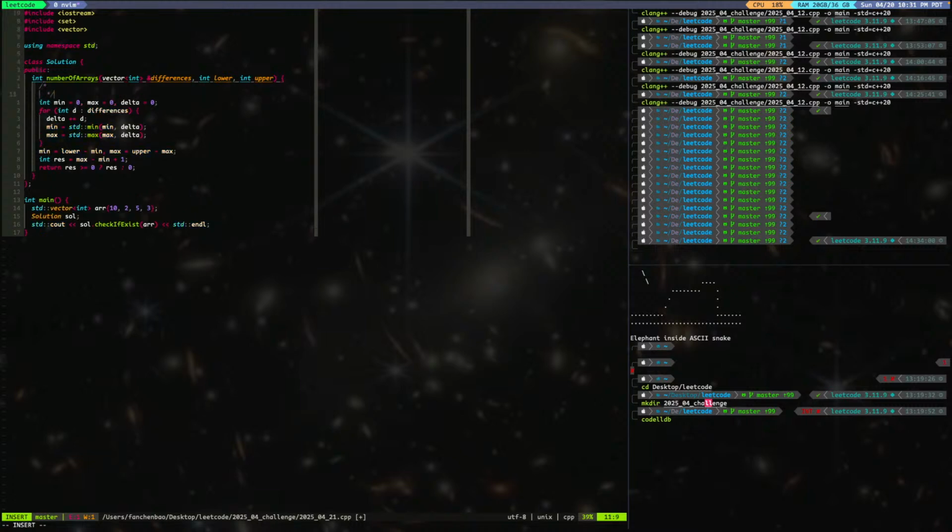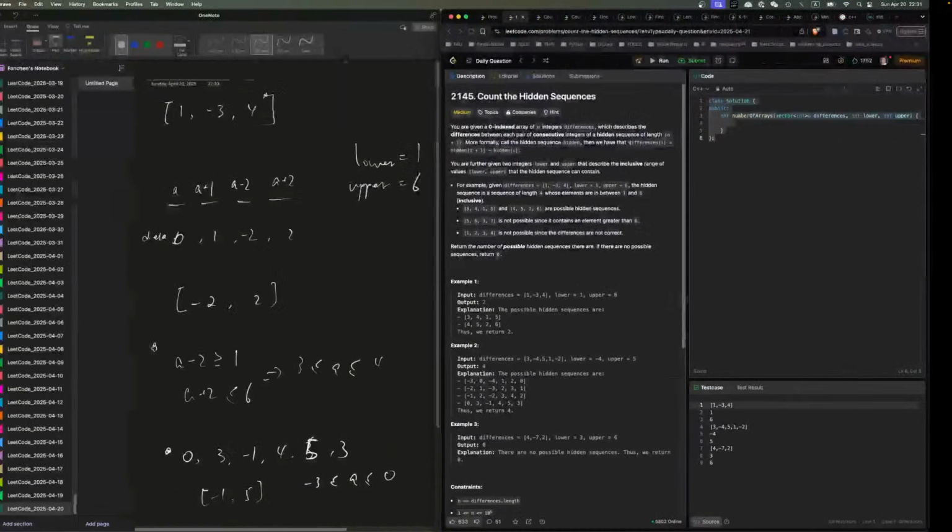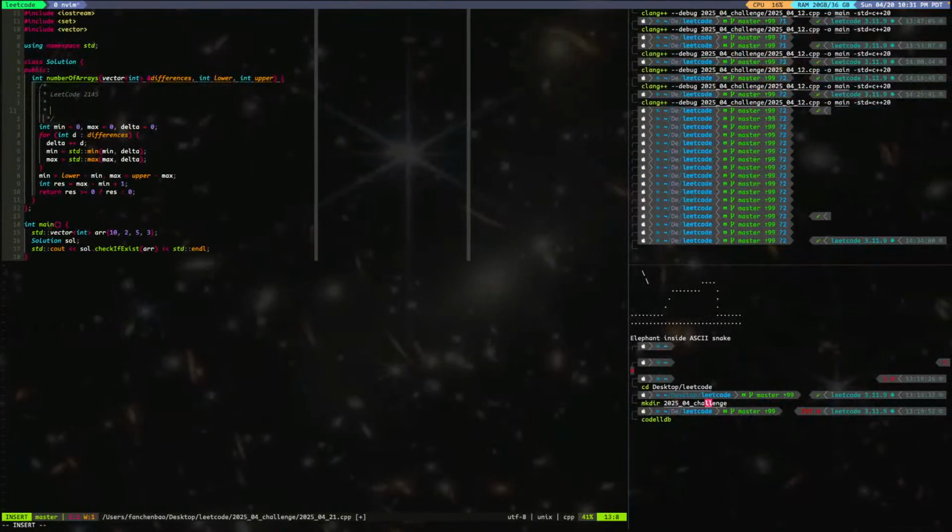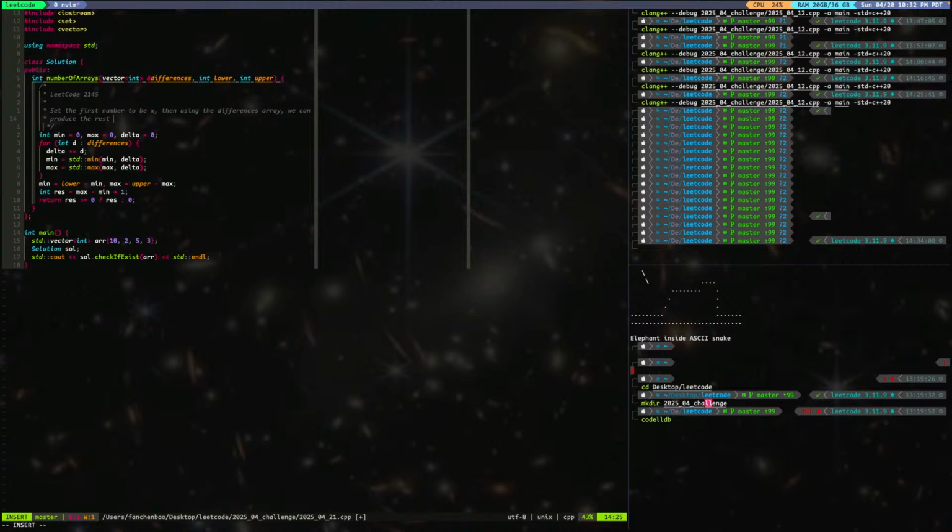Okay. I don't even know how to describe the solution for this one. Set the first number to be x, then using the differences array we can produce the remaining numbers with regards to x, right?